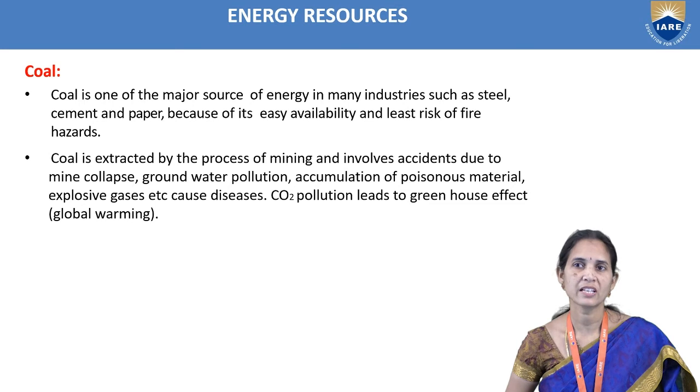Coal is extracted by the process of mining, which involves accidents due to mine collapse, groundwater pollution, and accumulation of poisonous material and explosive gases, which cause diseases. And CO2 pollution leads to the greenhouse effect. So all these are disadvantages when we are extracting coal.